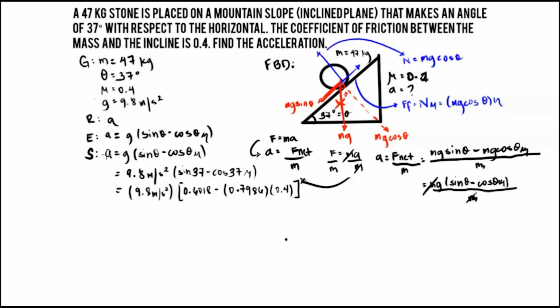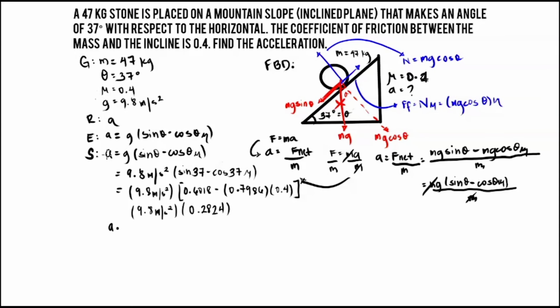Okay, gonna input it in the calculator again. 9.8 meters per second squared times 0.2824.